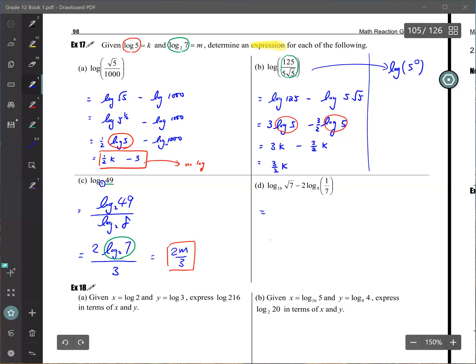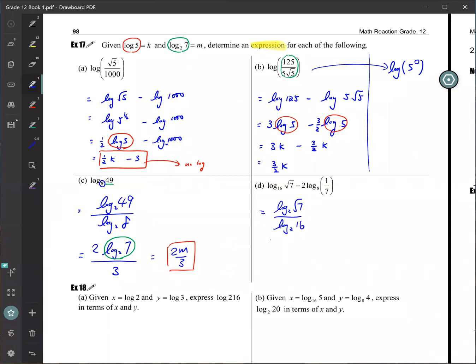Okay, Eric, can you tell us how you change the base? How to write it? Do you use number 4? Yeah. And what does it become after you use that? Log 2 root 7 over log 2 16. Okay, and then minus log 2 of 1 over 7 squared.